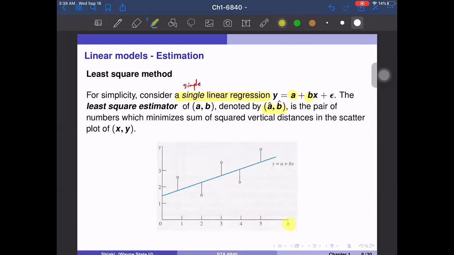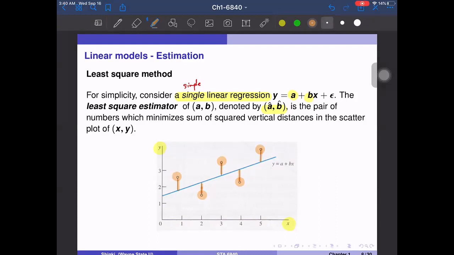So here, the X and Y, and we have observations 1, 2, 3, 4, 5. And we determine the best line, y is equal to a plus bx, as this blue line, which minimizes the square of the distance between each point and the line. Intuitively, we can imagine that such a line is determined uniquely.